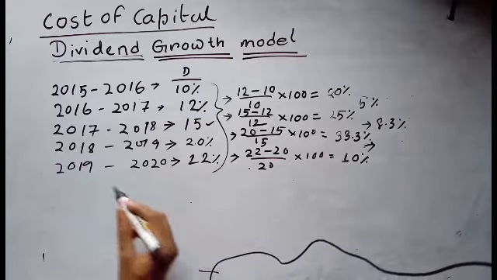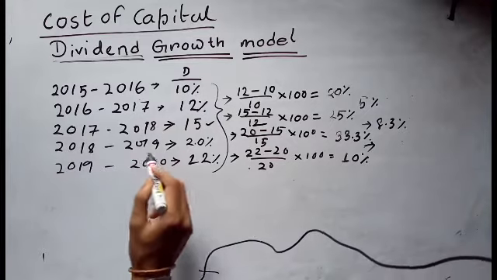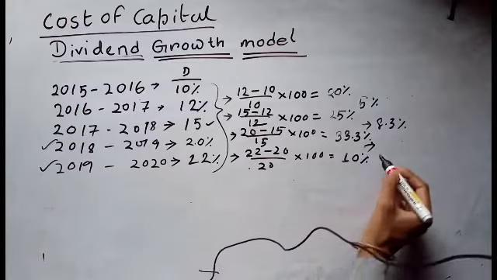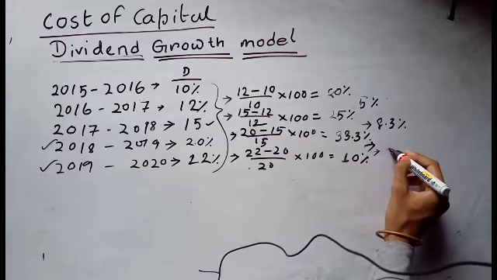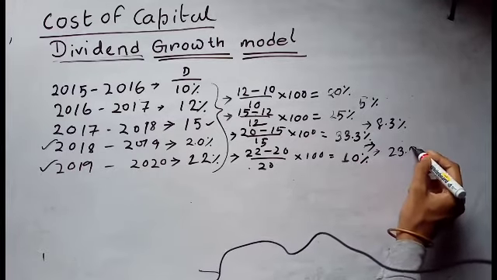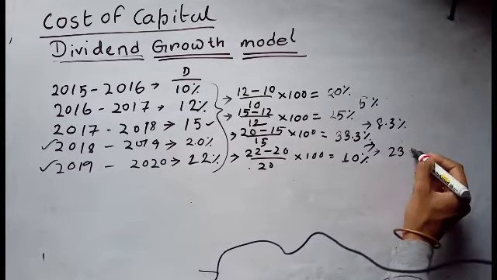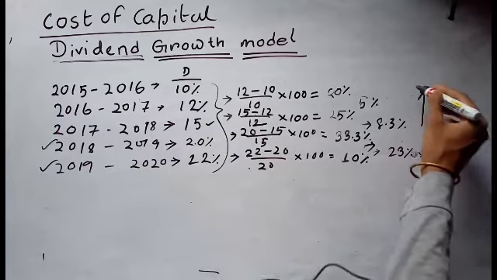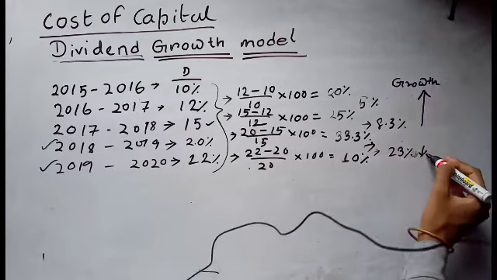Now from 2018 to 2019, this session to 2019 and 2020, the growth is downward at 23.3%, as 23% is down growth. So the growth is upward here, and here is the downward.